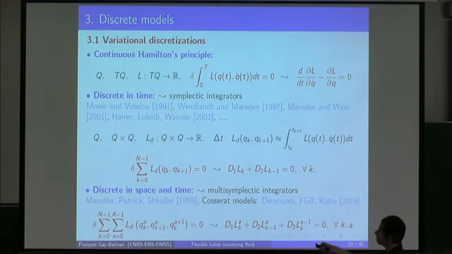This is a discrete-in-time version of what I did, but with an appropriate discrete Lagrangian. But you can also do this in space and time, which is the case of our problem, right? You take a discrete space-time Lagrangian, the one I showed before, discretized, and you take variations in the same way as I presented in the continuous case, but in discrete, and you get some discrete equations, of course.